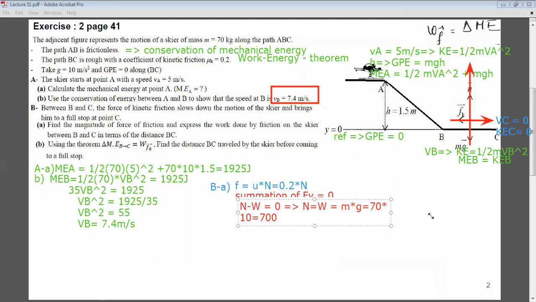So I got that normal. Now I go back, F is equal to 0.2 times normal. So it is 0.2 times 700, and this gives me 140.